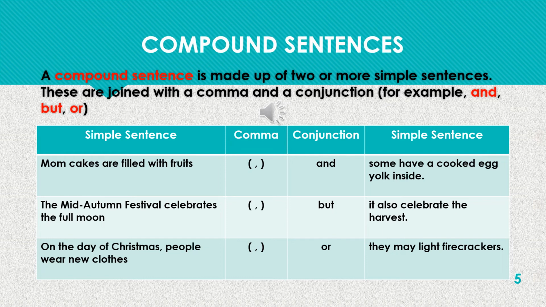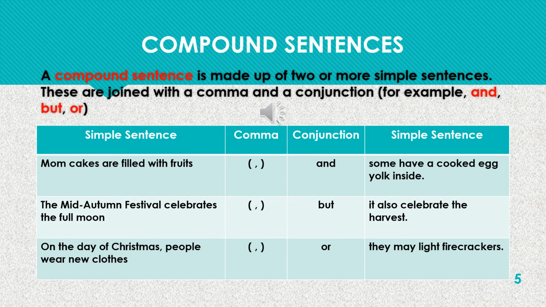So, a compound sentence is going to be 2 simple sentences. There's going to be a comma and a conjunction. Simple sentence plus comma plus conjunction plus a second simple sentence. And there you have the compound sentence.